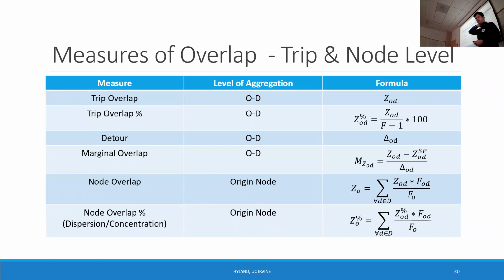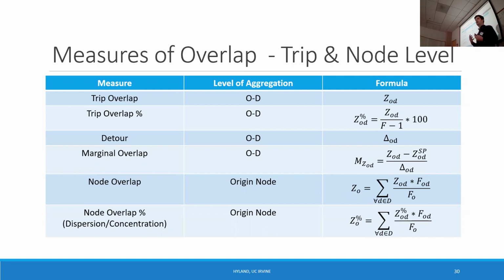Okay, so I've covered ZOD, which is at the OD or trip level, and I've also covered our cumulative network level metric, but there are a bunch of other potential metrics that one could define using the formulations you've seen on prior slides. One might be interested in not just the absolute number of overlap, but the percentage of overlap for an individual origin and destination pair.